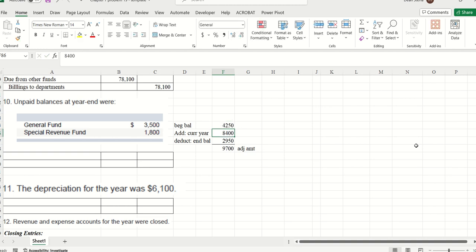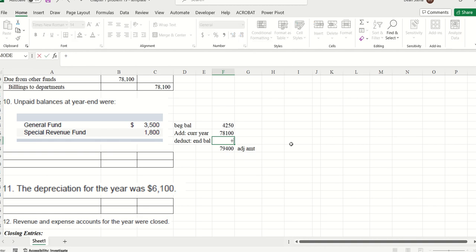Our current year activity, if you look up under the 78,100, entry 9, which we hit due from other funds for 78,100, and then we're going to deduct our ending balance, which it tells us is the total of those.